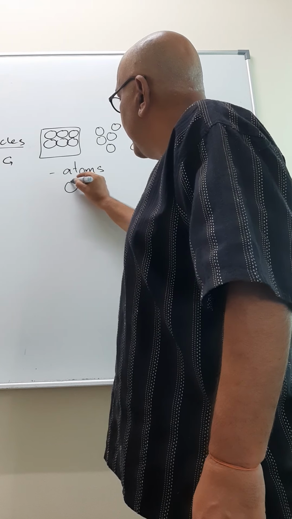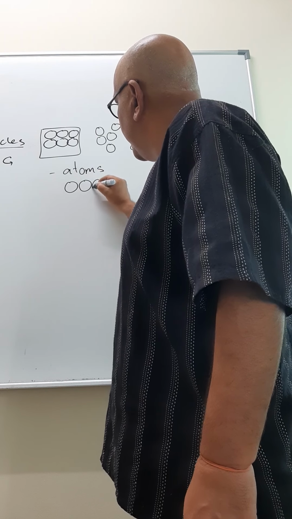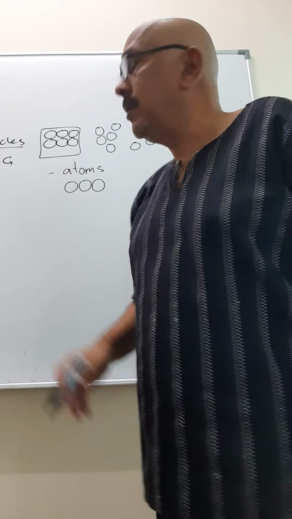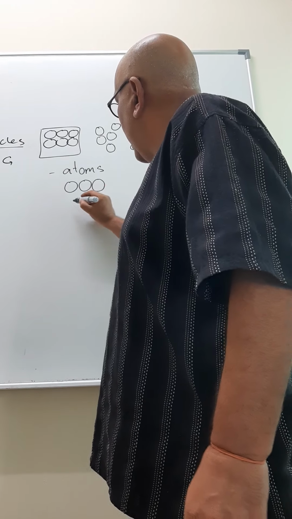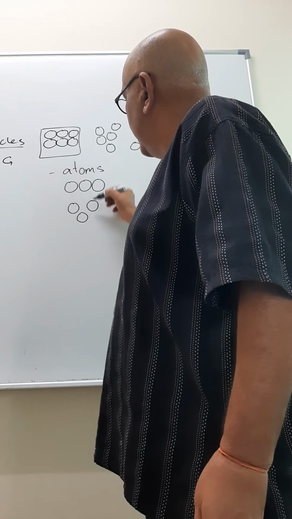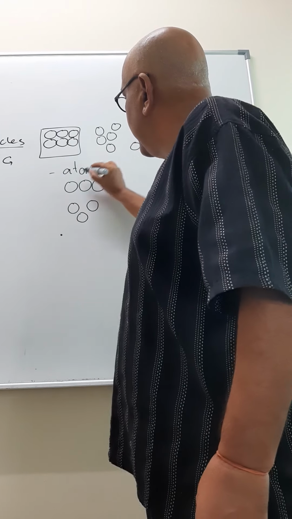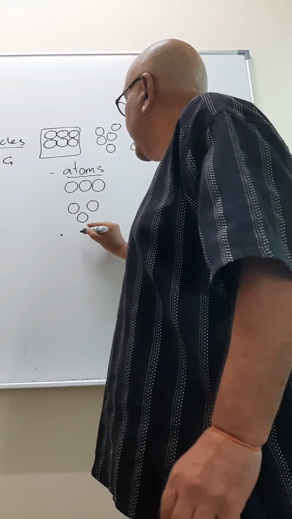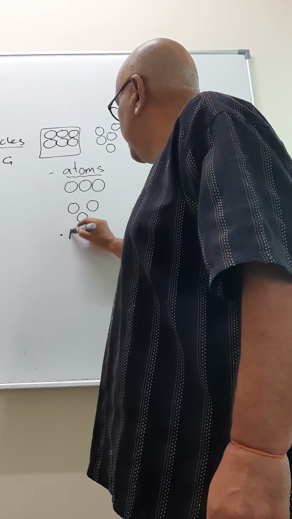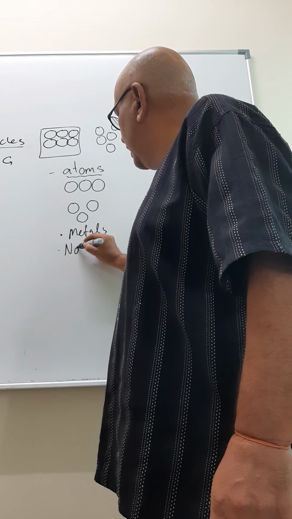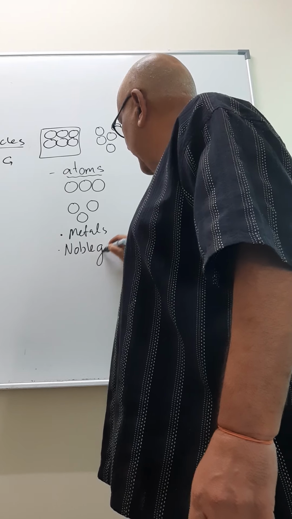Okay, so we have atoms, which basically means that they are sitting next to each other, but there's no chemical bond. They can be solid, liquid or gas. Normally anything that's atomic will either be our metals or our noble gases.